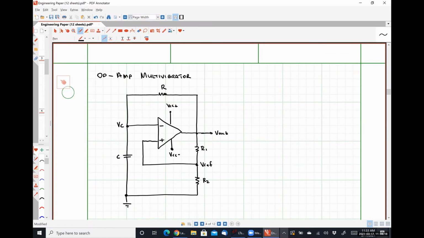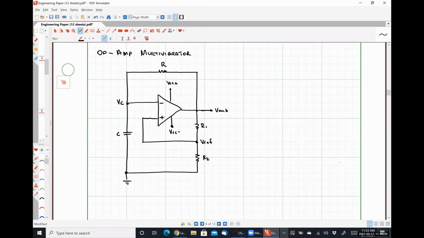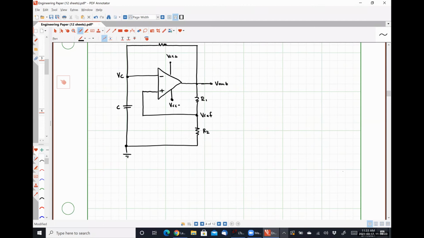Okay. So let's start by assuming that our capacitor voltage is equal to 0 and our output voltage V out is equal to VCC plus as effectively initial conditions for this system.